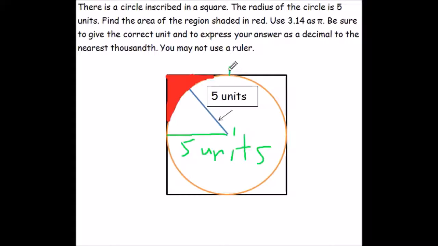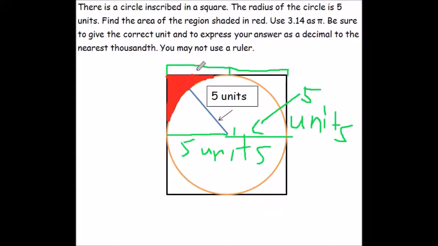From here to here. Starting to see what I'm talking about? You can also make another radius here, which this one is also 5 units. So you know what I'm trying to say here? You can draw that one up here.